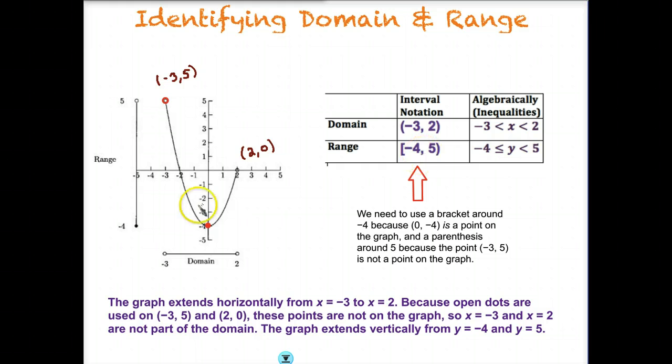Our range, on the other hand, goes between -4, but we have a closed circle, so it does include the -4, and +5 up here, but open circle, so we do not include the 5. So our y ranges between -4 and 5, so y is greater than or equal to -4 and less than 5. Okay, and here's some more explanation about why we need to use a bracket around the -4.